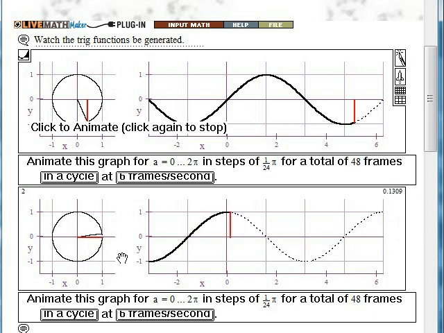The x-coordinate here on the unit circle keeps going between plus 1 on this end with an angle of 0 or 2 pi or 4 pi or 6 pi, dropping down to 0, dropping down to minus 1. Of course, you're down at minus 1 when the angle is pi, or 3 pi, or 5 pi, or any odd pi.